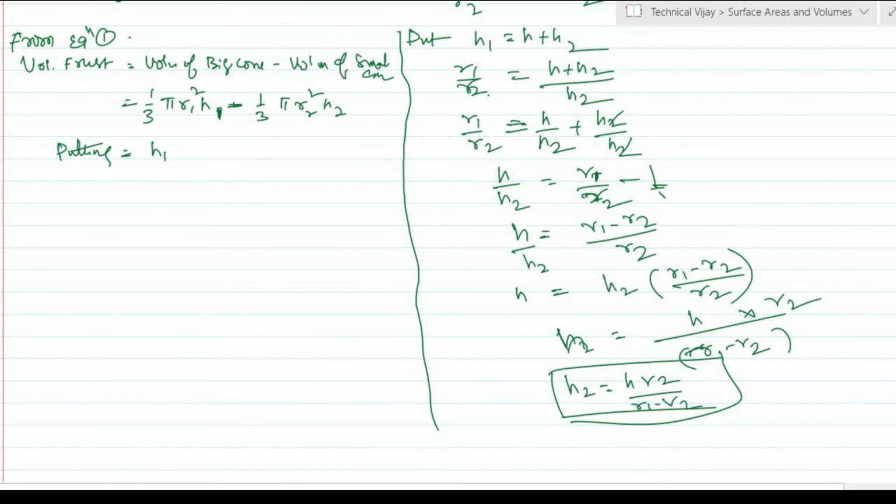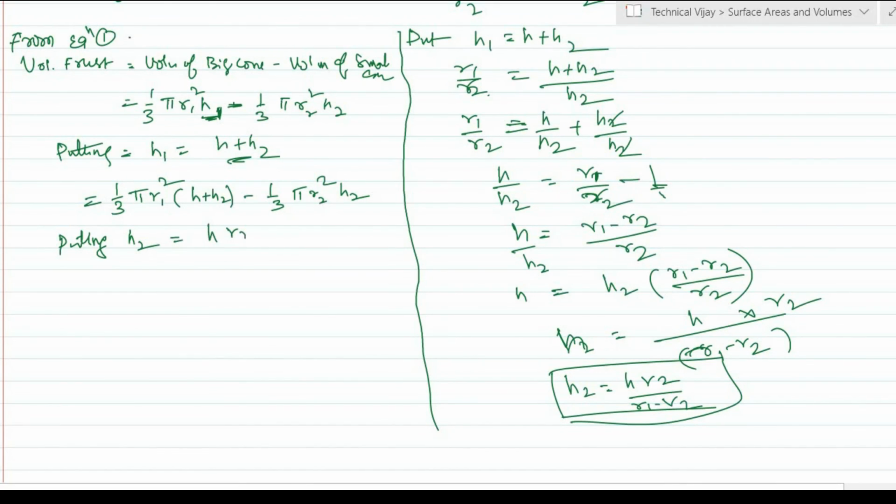H1 is equal to H plus H2, so it is 1/3 π into R1² into (H plus H2), minus 1/3 π into R2² into H2. Now putting the H2 value, H2 is equal to H into R2 divided by (R1 minus R2).